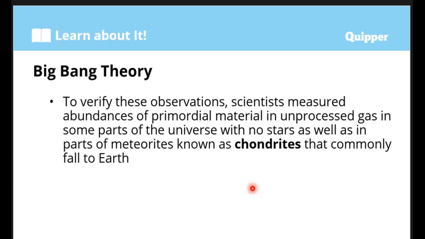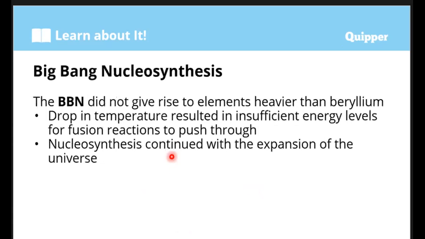So in order to verify observations, scientists measured the unprocessed gas in some parts of the universe that has no star, and the result is that Big Bang nucleosynthesis did not give rise to elements heavier than beryllium.